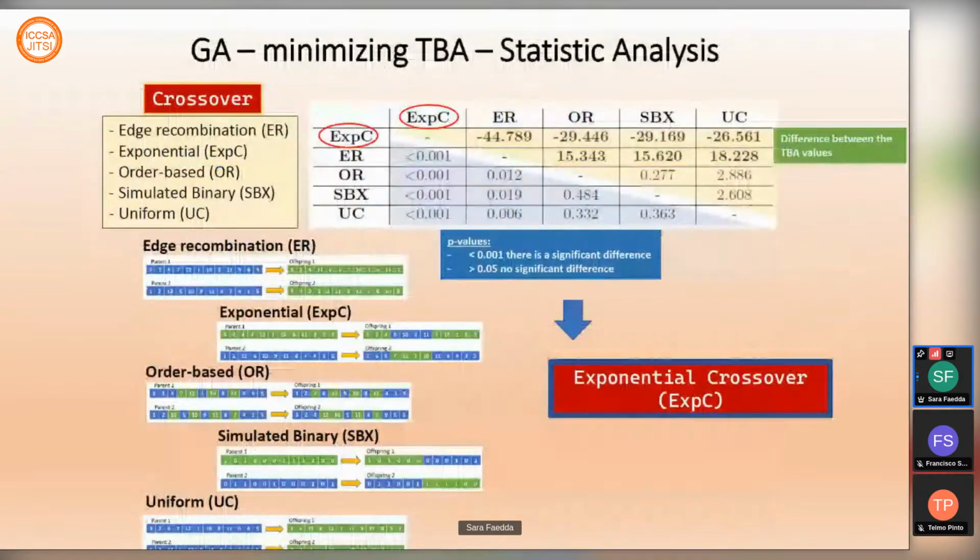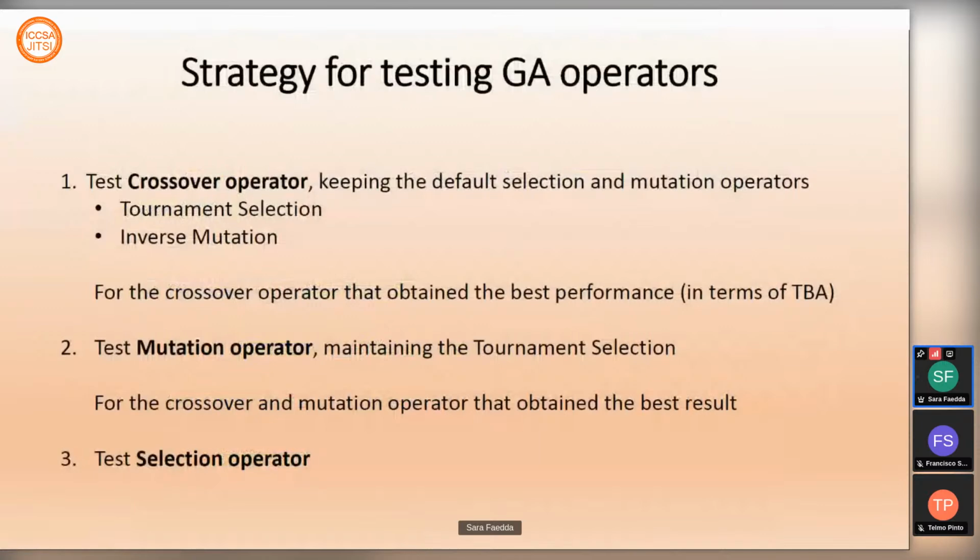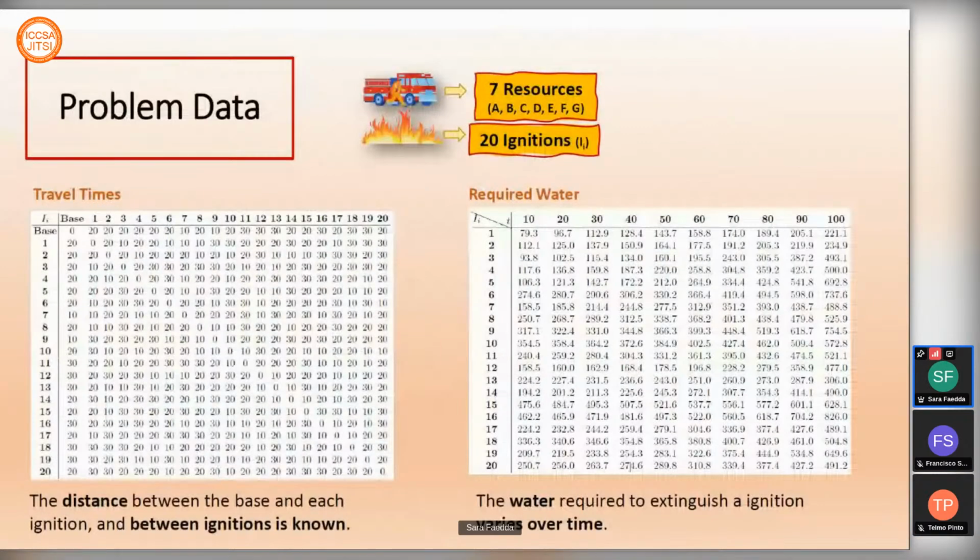So I showed before some tables. For instance, here we have a table, time between ignition 4 to ignition 19. We have 10 minutes to go from one ignition to another. So we have this table, and it takes from ignition 4 to ignition 19.